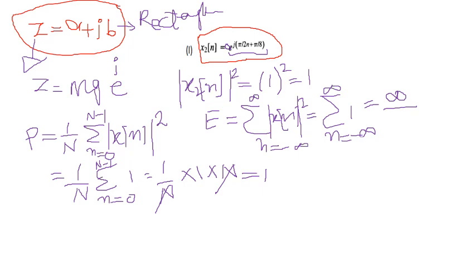Similarly, say a times x: what is the coefficient of x? That is a. But if you just have x, its coefficient is not mentioned, so it will be 1. I hope you understand, these are quite basic things. This is how you find the energy or power of a discrete time signal.